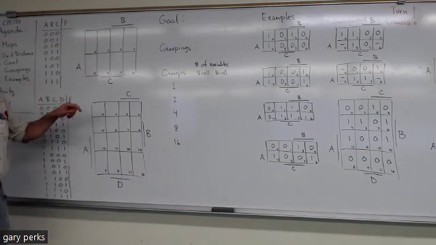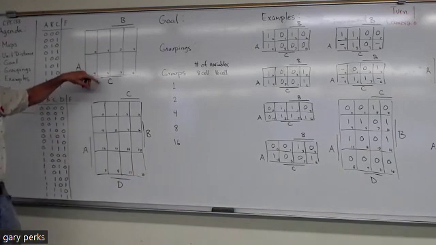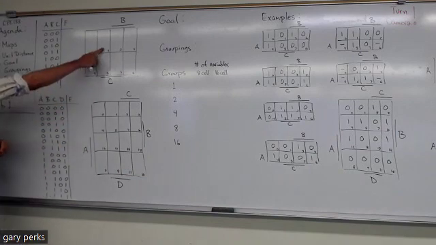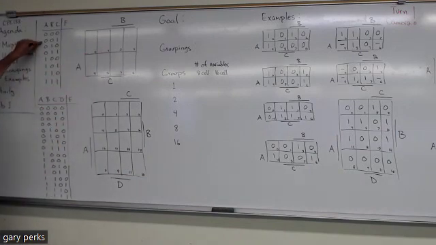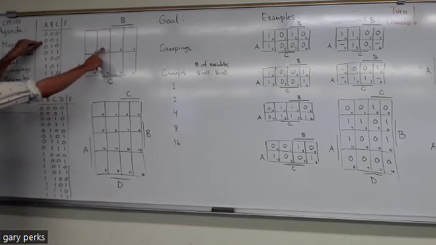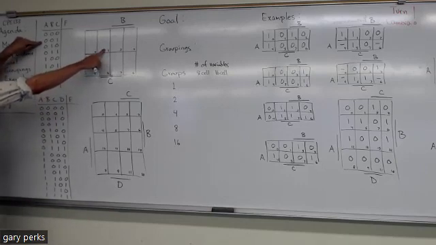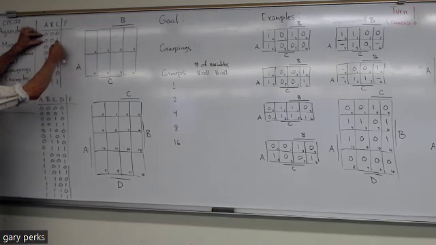So, for example, if we look at this cell 1 here, which corresponds to this input combination in the truth table, and compare a binary 1 to 0, the cell to the left of it, there's only a 1-bit difference between those two.